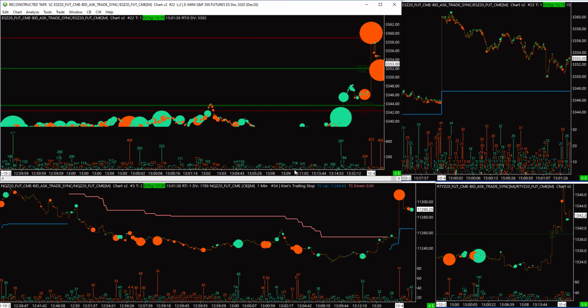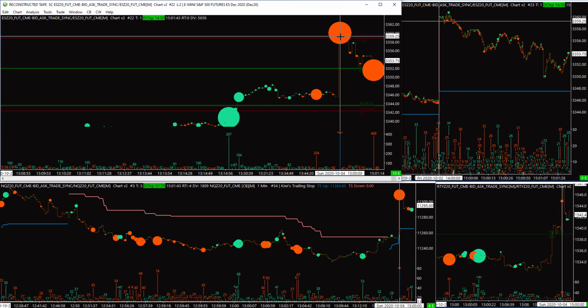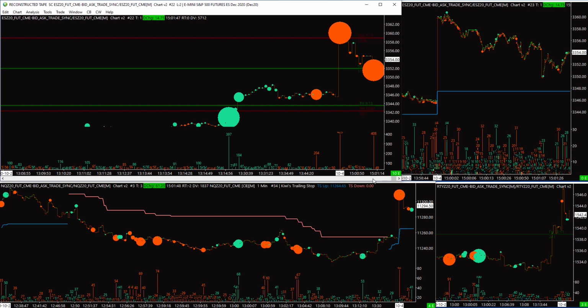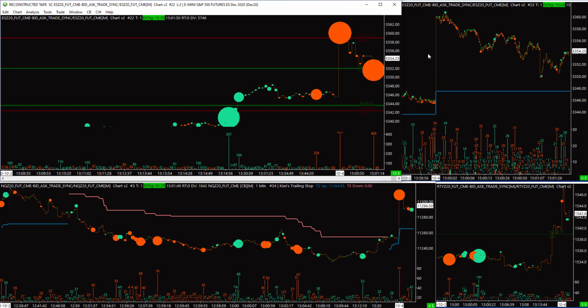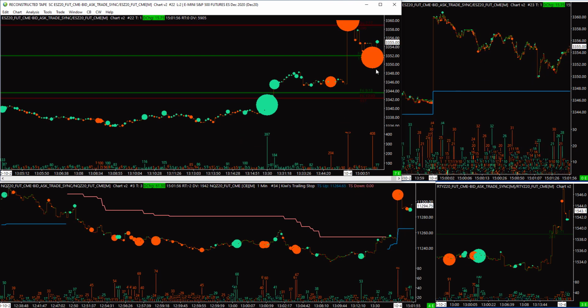Let's see what the market looks like right now. So it opened right here, big sell, big sell. This is the ES tape on the top left, the reconstructed tape.